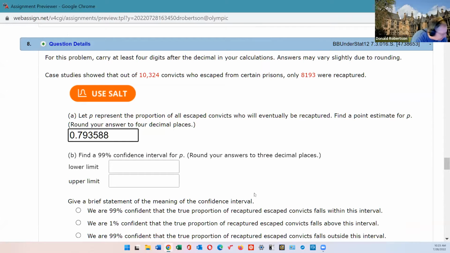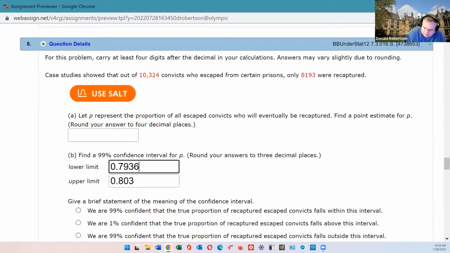To 4 decimal places, that 5 becomes a 6. The upper limit, and I just put that in the wrong place again, didn't I? Let me fix that in a second. 0.83, make that 8, and the upper limit, which is this guy, belongs there. Upper and lower, I should say.